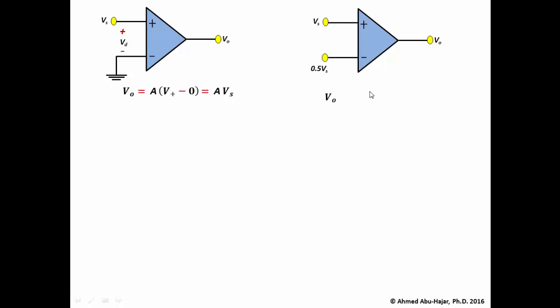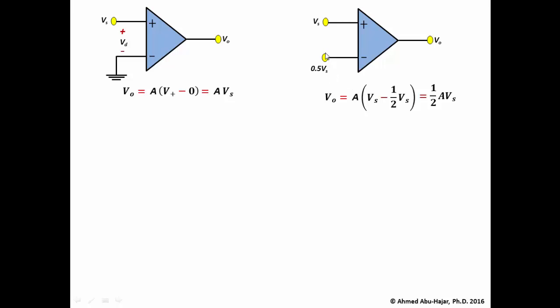According to the equation, V out will equal A times Vs minus 1/2 Vs. So this basically becomes 1/2 A times Vs. So what's the difference between the first circuit and the second circuit? Why did I give you those two examples? Well, in the second circuit, the output voltage has been reduced by a factor of 2.